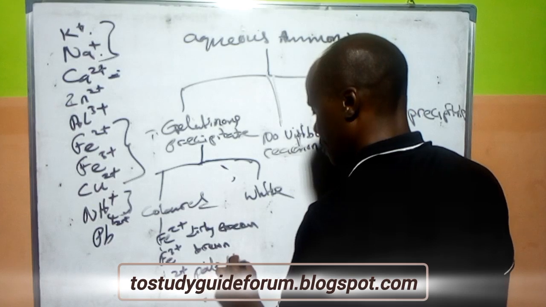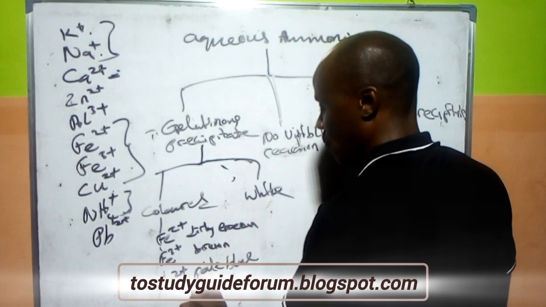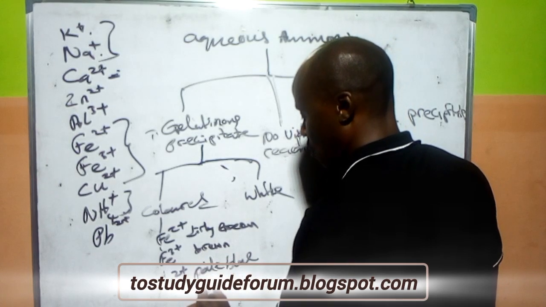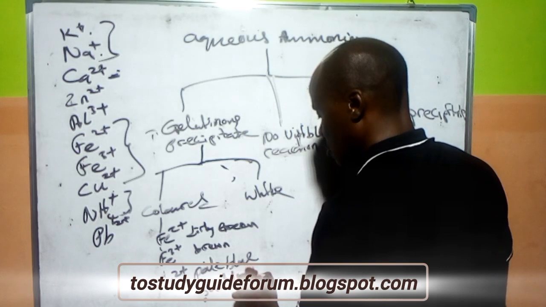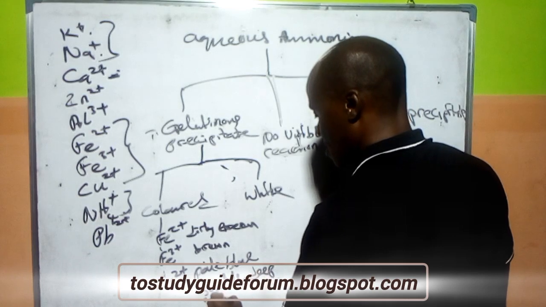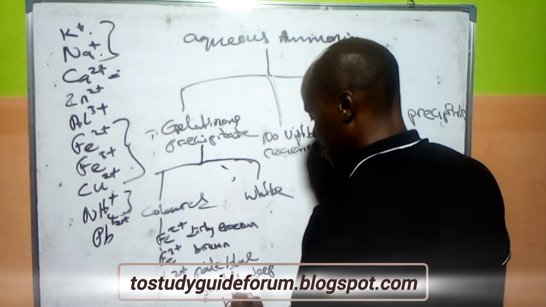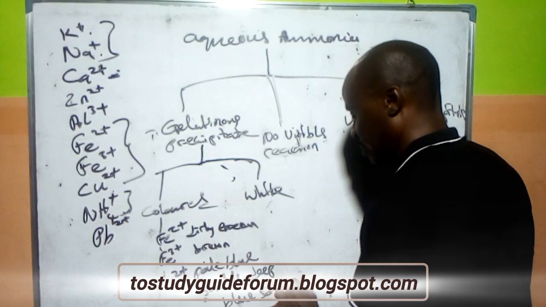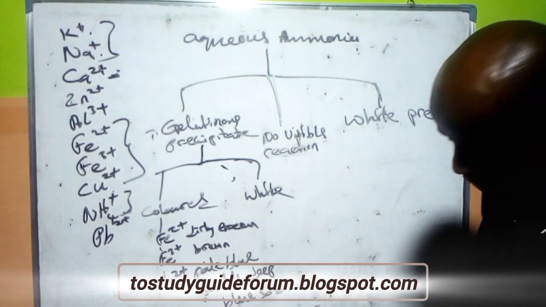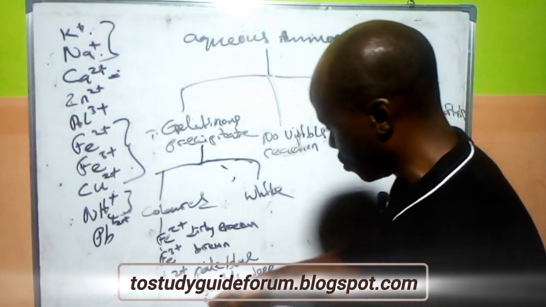This time the pale blue precipitate is soluble, to give you a deep blue solution. That's what we have here. This thing I'm telling you now is one of the things that you see in the inference. So we have deep blue solution.